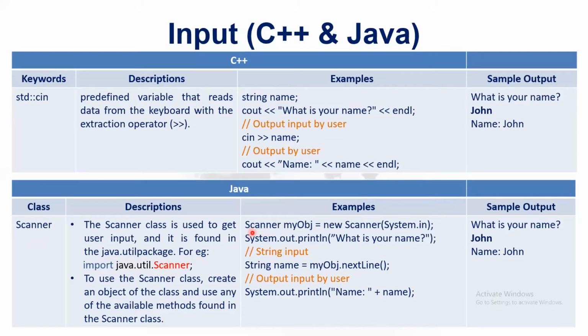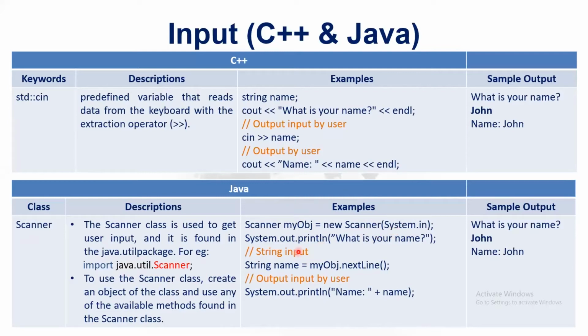So you just put Scanner, then myObject. myObject is the name of the scanner that you create for the user to key in. So you give a new Scanner, System.in. This System.in is to actually ask the user to give some input.